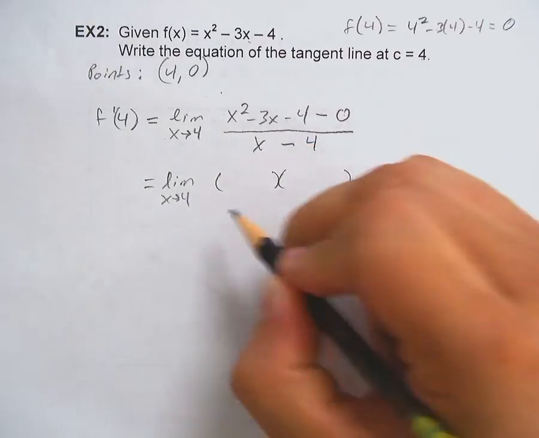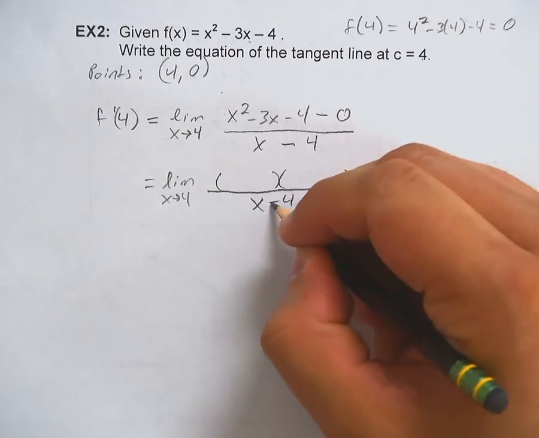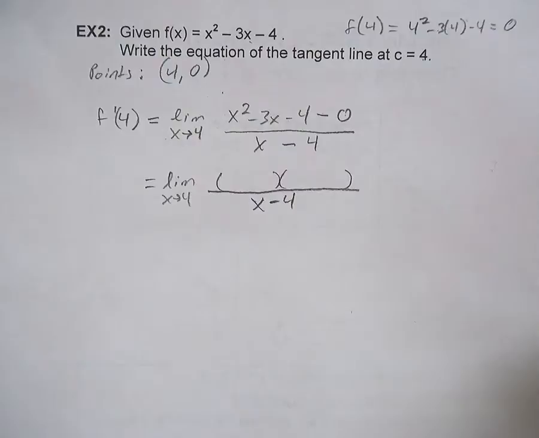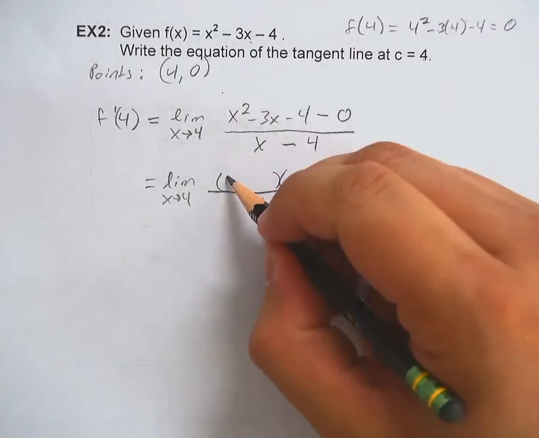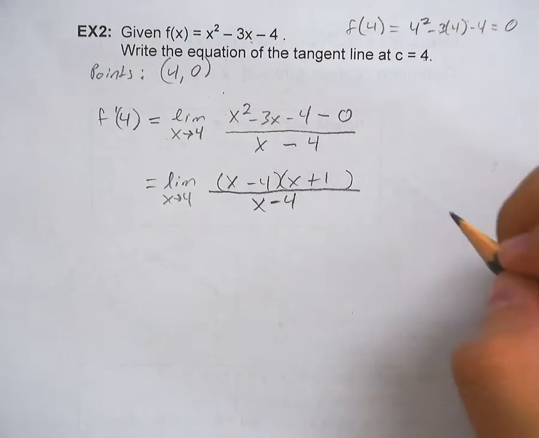Let me take the limit of the top. All your limit rules still apply. So if you could not factor it, you'd have to do something else like your trig rules or anything like that. So we can factor this thing out. We have an x minus 4 and an x plus 1.